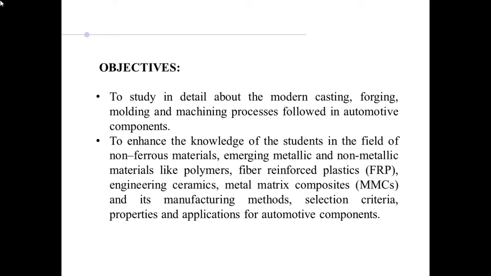Also, in order to manufacture this kind of component, what are the things that you are going to select, what are the properties required to manufacture that particular component, and what are the applications for automotive components. So this is the course objective.